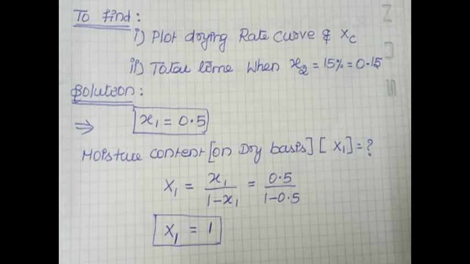Are you clear or not? Okay, from that graph determine the critical moisture content capital Xc. The second division: total time when the final moisture content on wet basis, x2, is equal to 15%, that is 0.15. Are you clear or not?